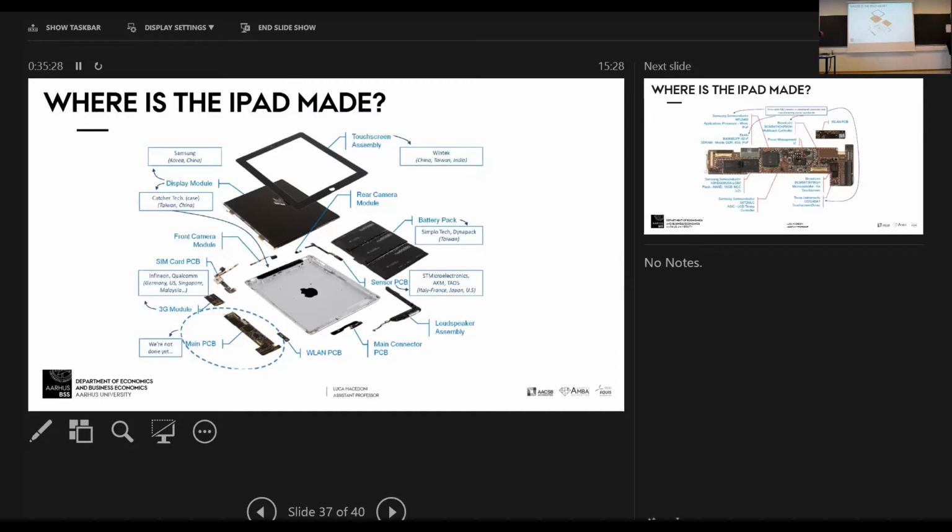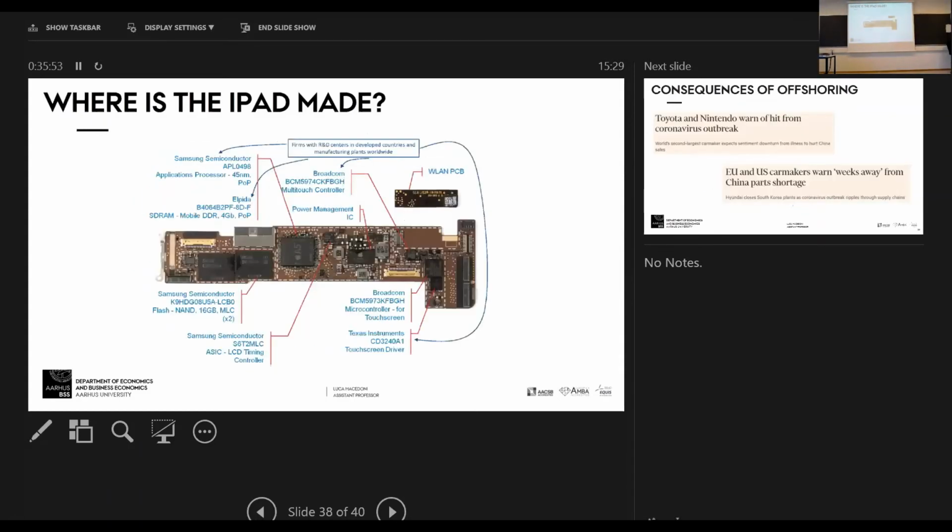Then we have Germany, Singapore, Malaysia, Korea. Look at that. Samsung produces components that are used in the Apple iPad. Good. And we're not done yet. You see this little thing, this main printed circuit board, whatever that is, motherboard or something. That's also made of components that are made in various parts of the world.